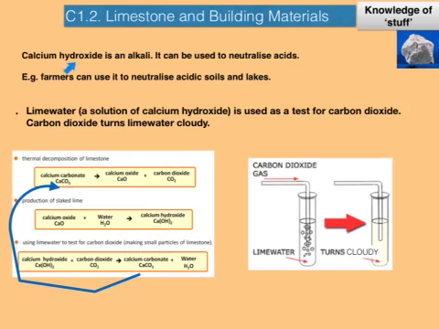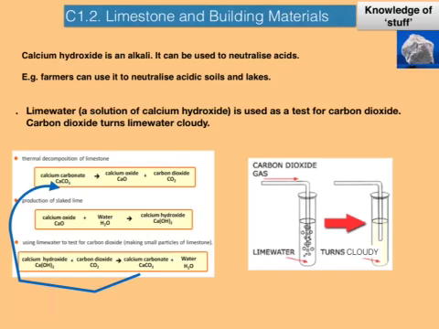So if you've got calcium hydroxide, or here it is down here in the limestone cycle, because it's an alkali, if you add it to acids or acidic soils or acidic lakes, you can neutralise them to increase the pH and make it more towards pH 7, a neutral pH. So that's an application, that's a use of calcium hydroxide, because it's an alkali.